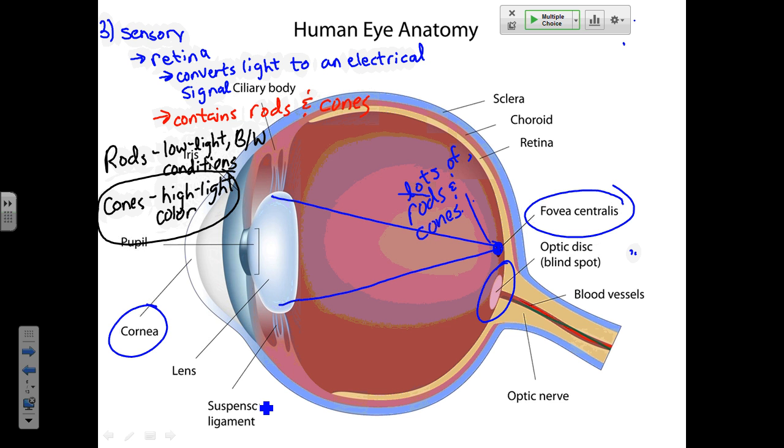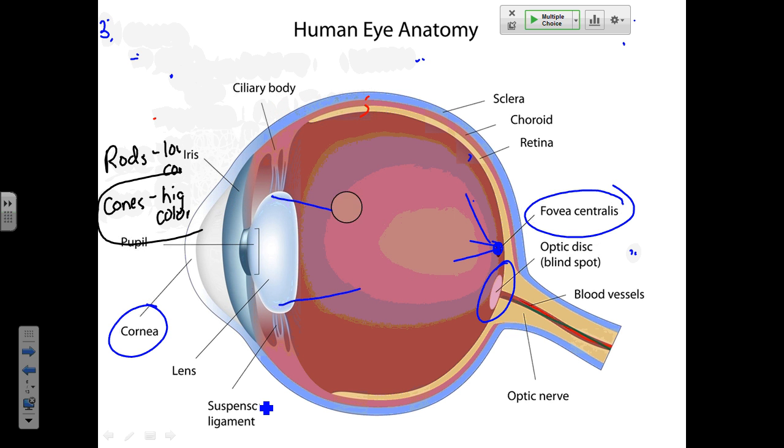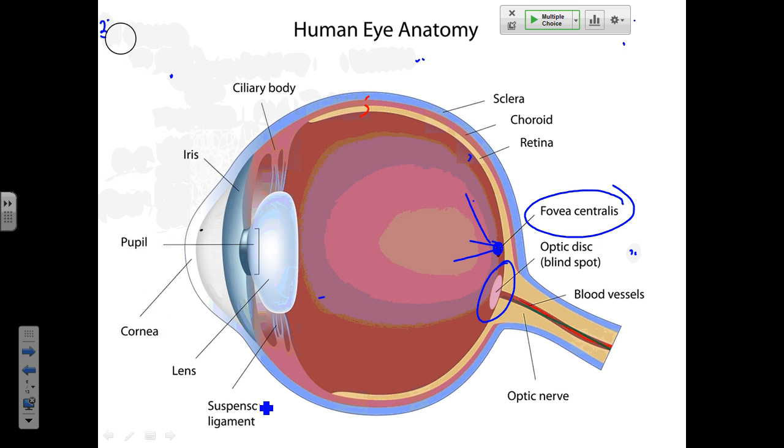All right. We also have two types of liquid in the eye, the vitreous and the aqueous humor. One of these is replenished, one of them you're born with, and you keep your whole life.